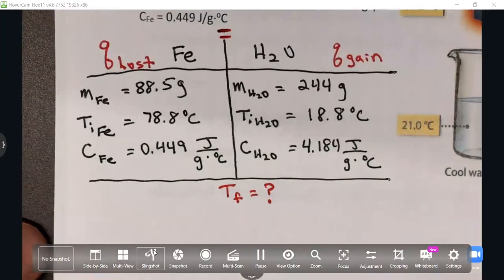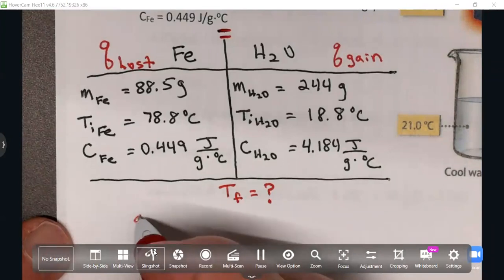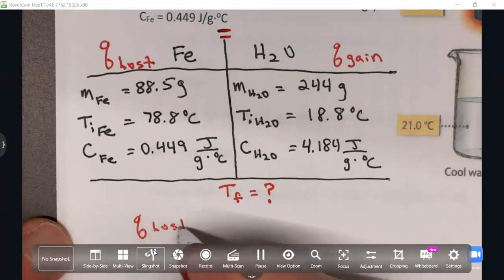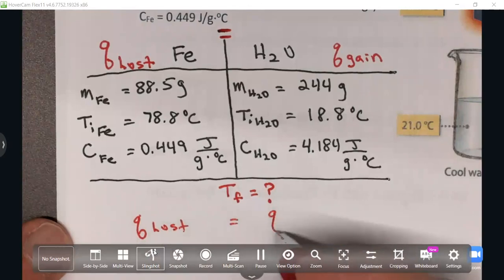Okay. So we're going to go Q lost equals Q gain.